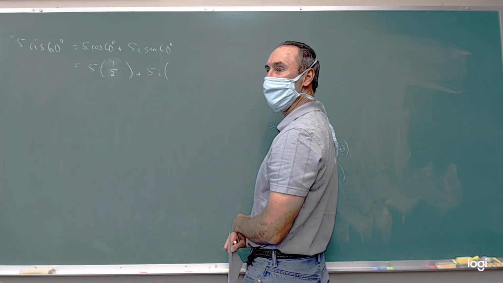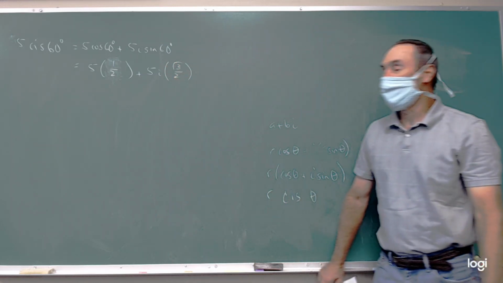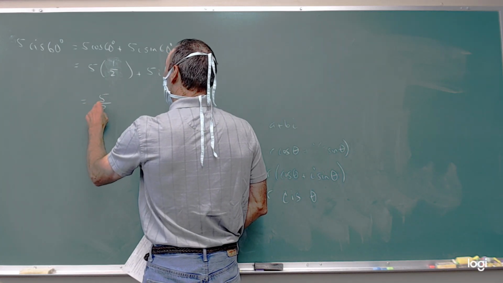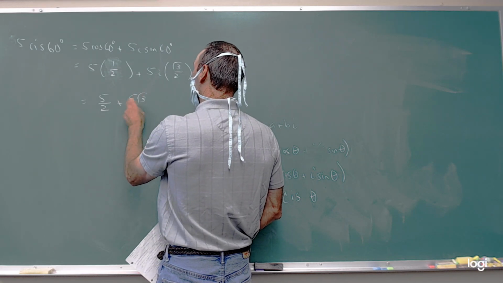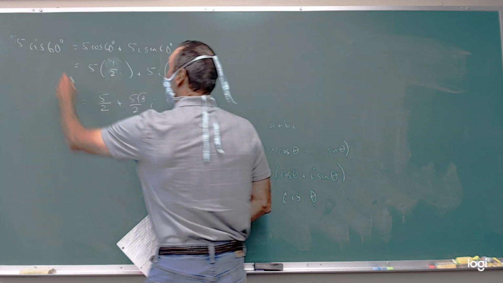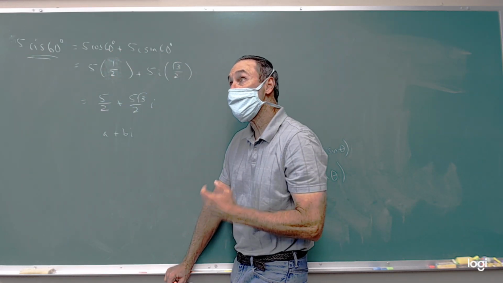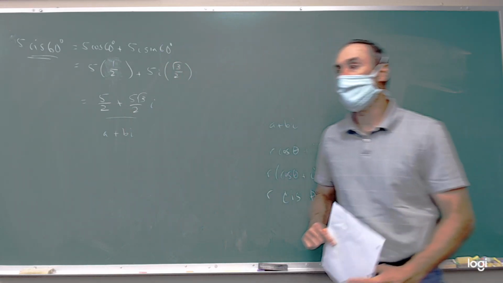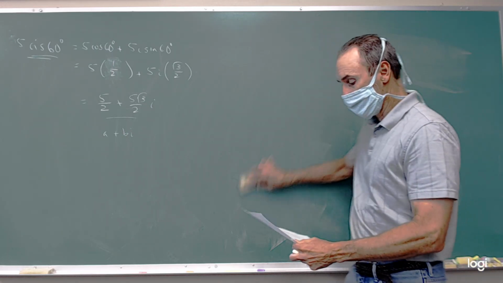Sine is going to be... I'm the one whose brain turned to jello. Okay, and then we can clean that up a little bit. It's going to be in a plus bi form. So 5 halves plus 5 square root of 3 over 2 i. So the idea is this polar representation, 5 cis 60 degrees, is the same thing as, in rectangular form, 5 halves plus 5 square root of 3 over 2 i. Kind of crazy?